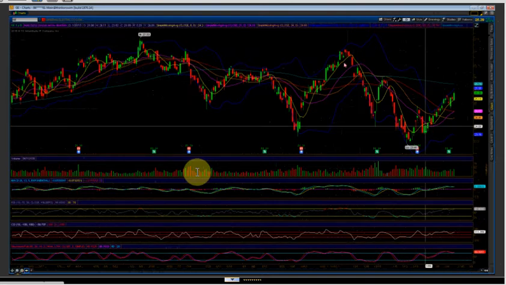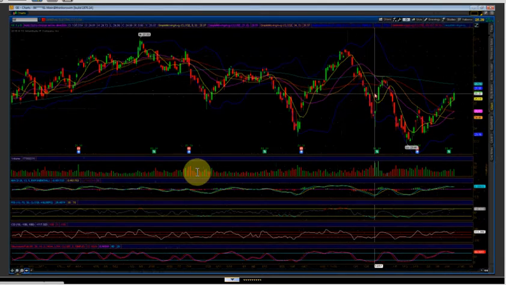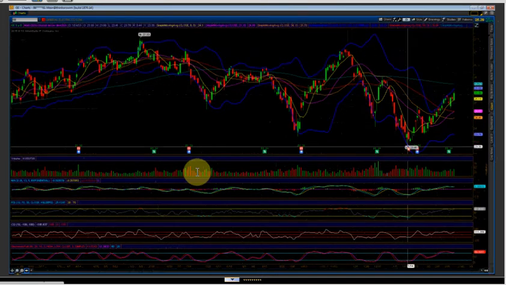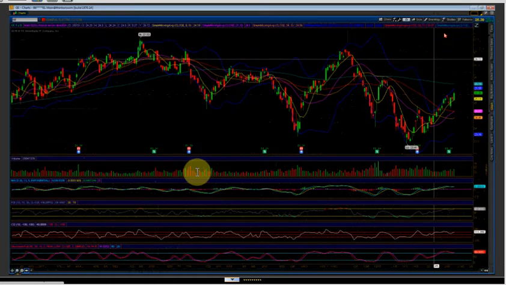And I'm not saying that any one of these things is bad. But take a good look at this chart here, kind of ingrain it in your mind.